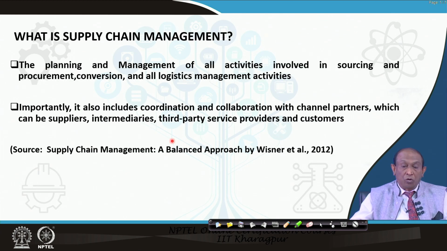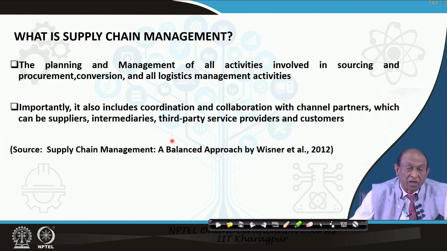Okay. So, now having known what a supply chain is, what the different supply chain challenges are, and what the different types of flows in a supply chain are, the bidirectional flows and all, let us now try to sum up what supply chain management is.